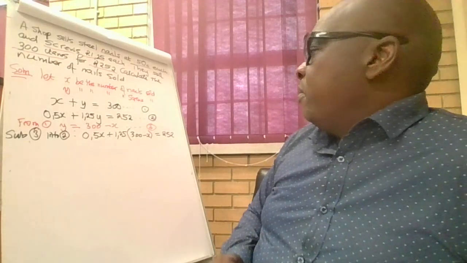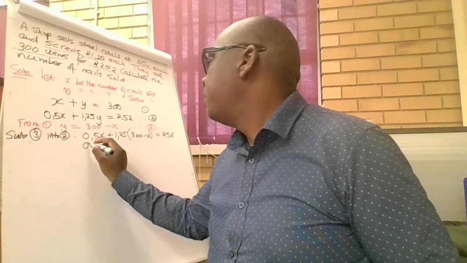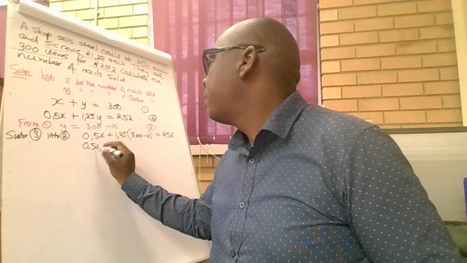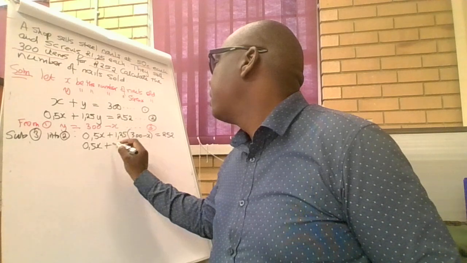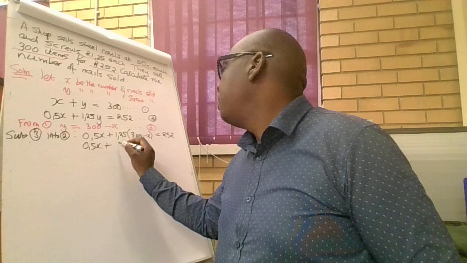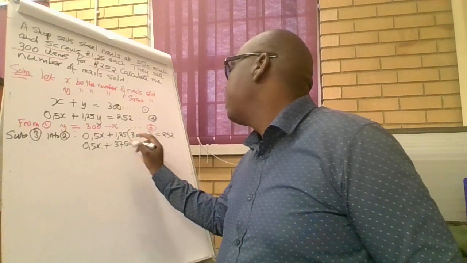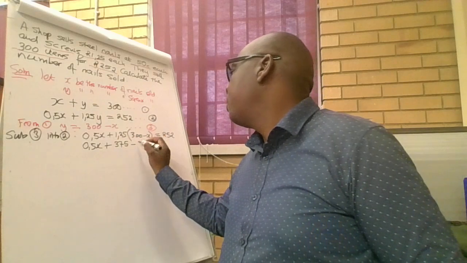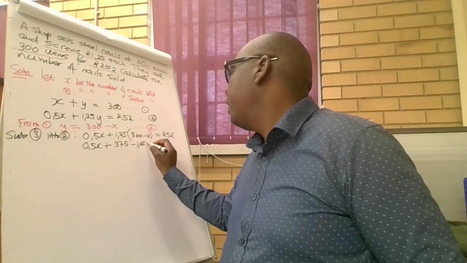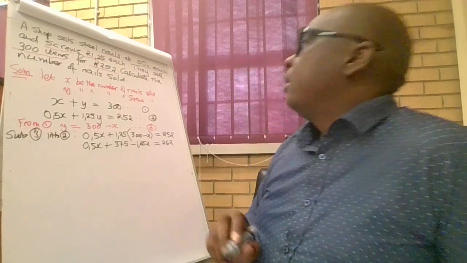So now if we simplify this, it becomes 0.5x plus 1.25 times 300, that should give me 375, minus 1.25 times x, which gives me 1.25x, and this is equal to 252.